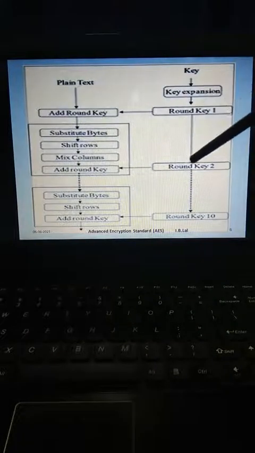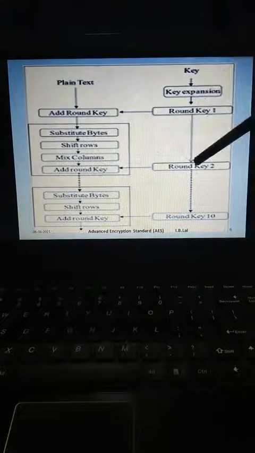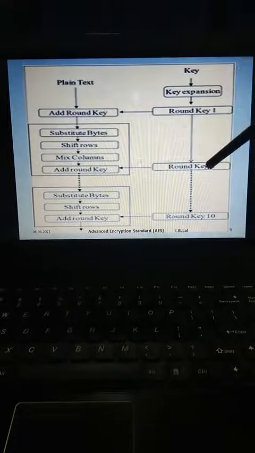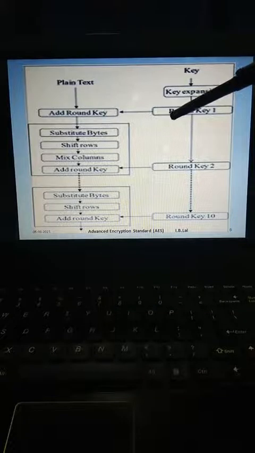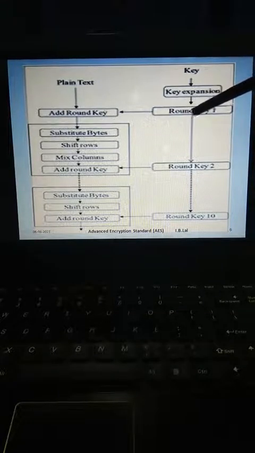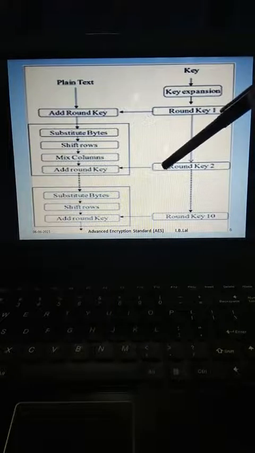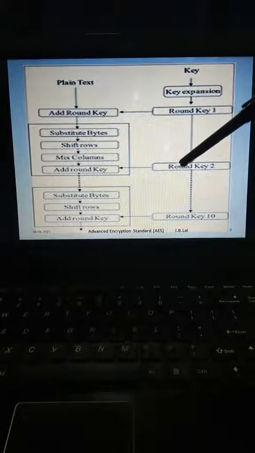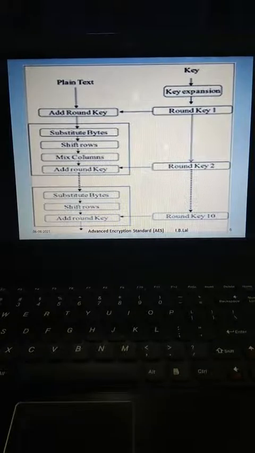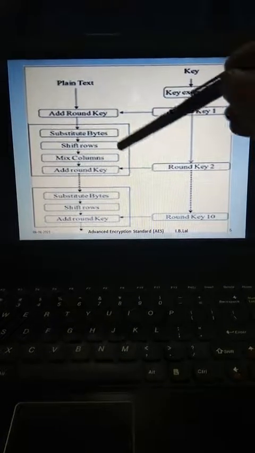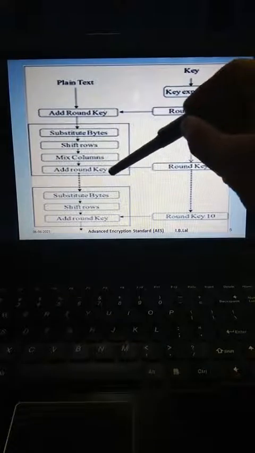Here again 4 sub keys are added, that is key 2. The keys are represented as words W0, W1, W2 and W3, then W4, W5, W6 and W7 are input to add round key.